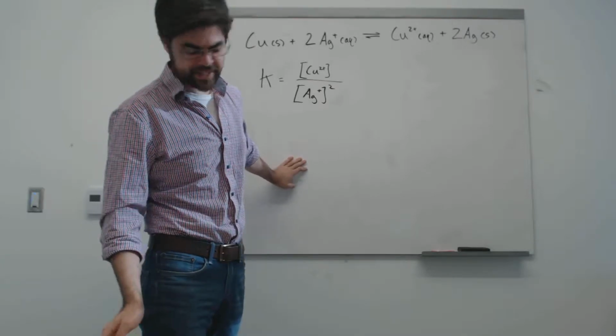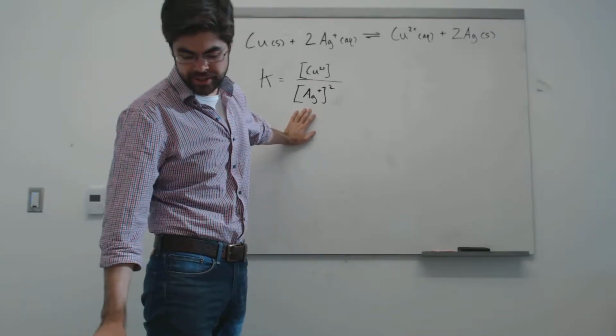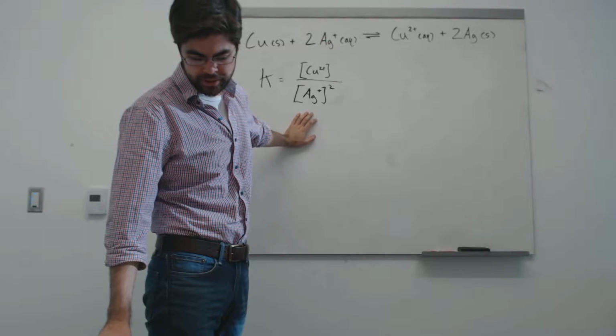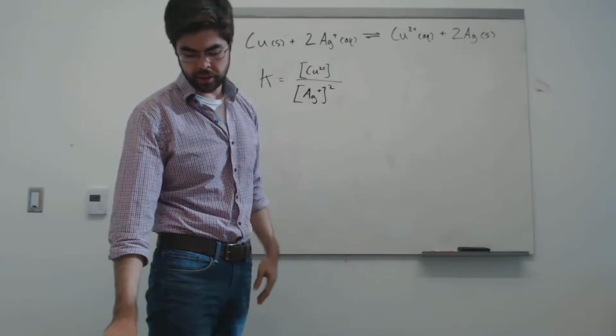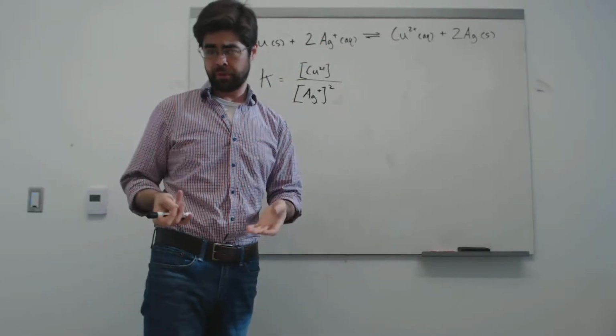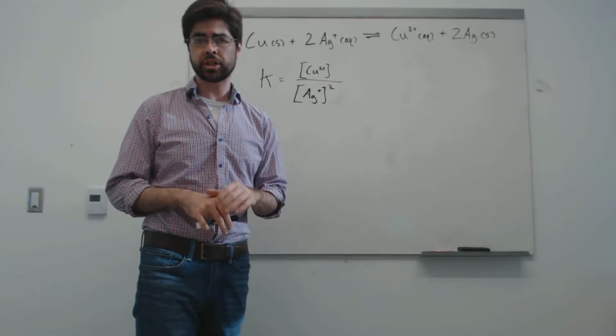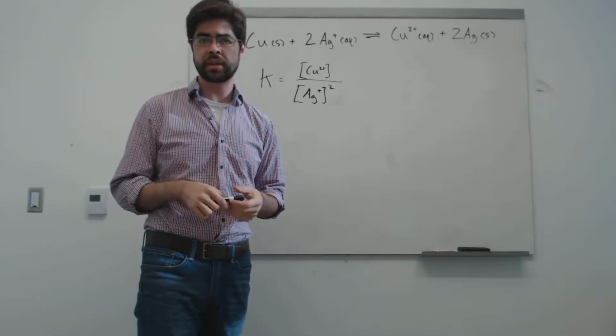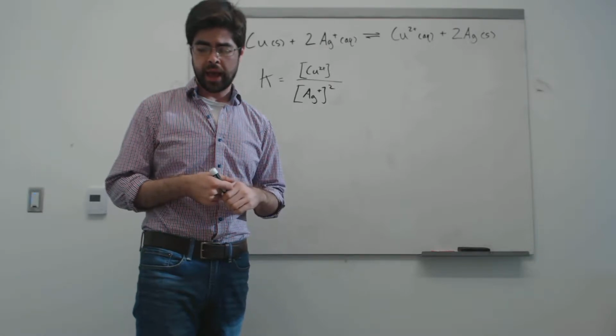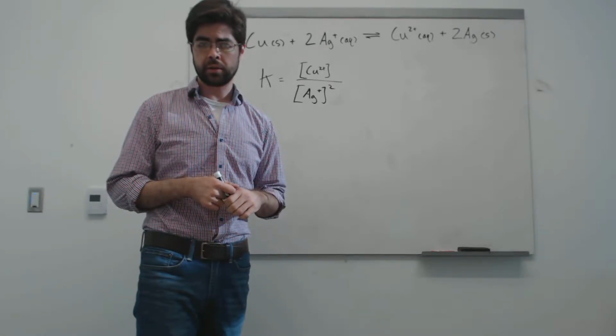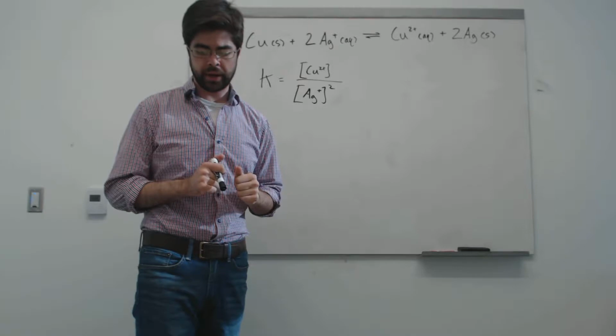Now, I will say, this is the equilibrium constant that you would get if you're just looking at the equation. I will give people a preview of Wednesday's lecture, which is that there is a relationship between the cell potential and the equilibrium constant.